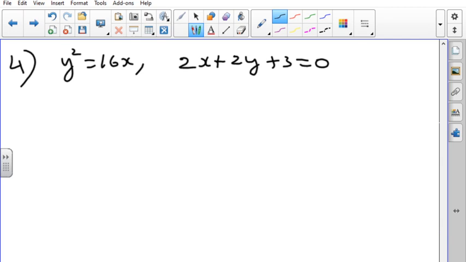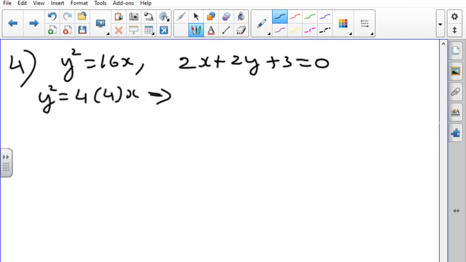So, here we have y square is equal to 16x. So, it is comparing with y square is equal to 4ax. What is it? Y square is equal to 4 into x.